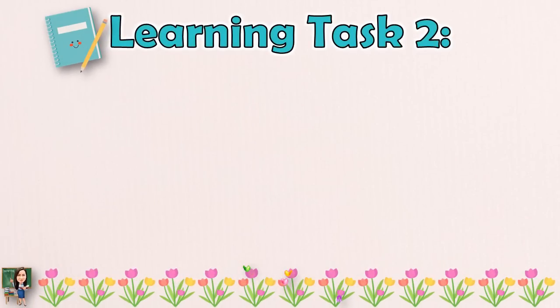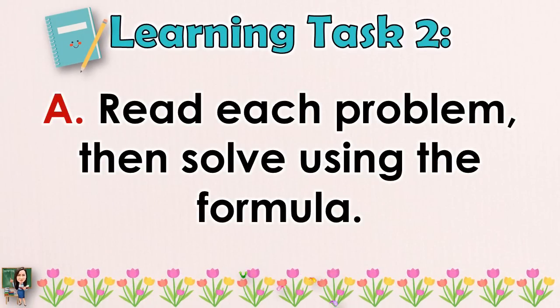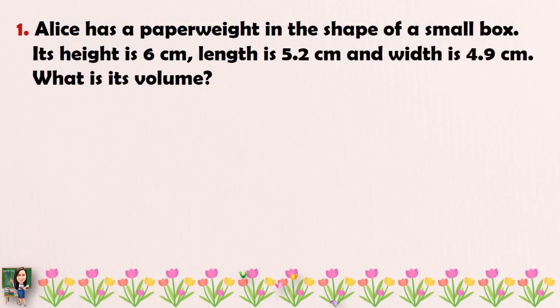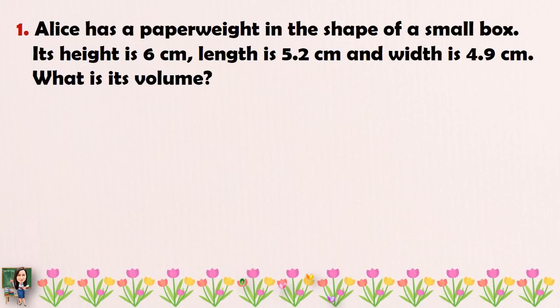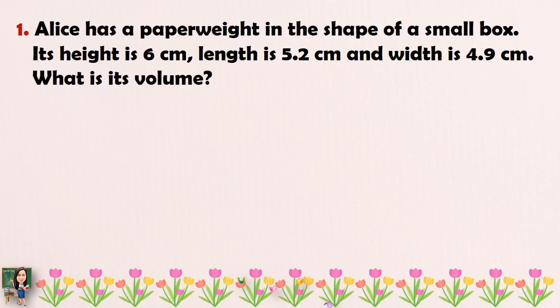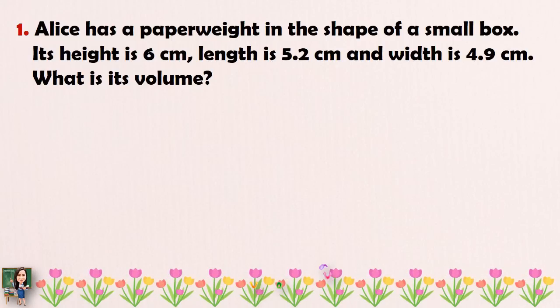For Learning Task 2, letter A, read each problem, then solve using the formula. Number 1. Alice has a paperweight in the shape of a small box. Its height is 6 cm, length is 5.2 cm, and width is 4.9 cm. What is its volume?